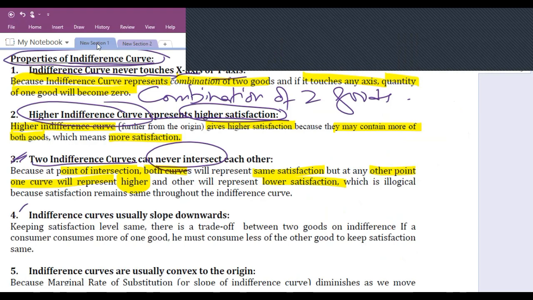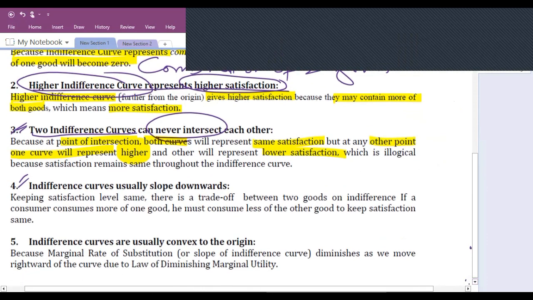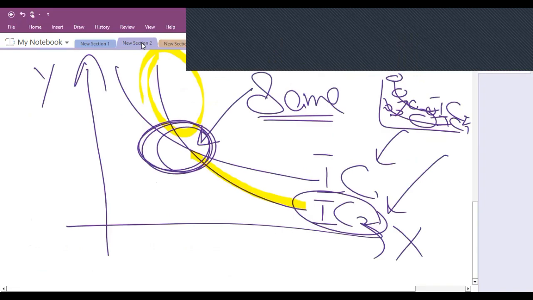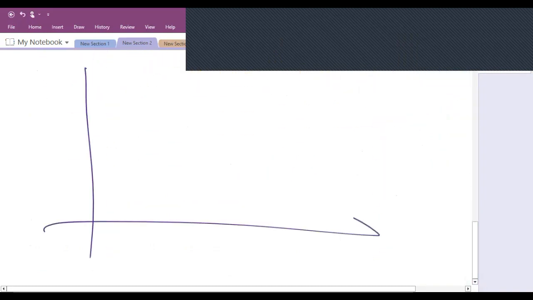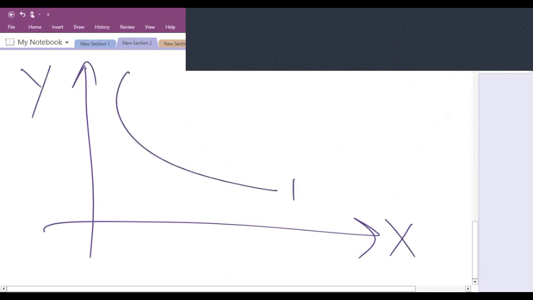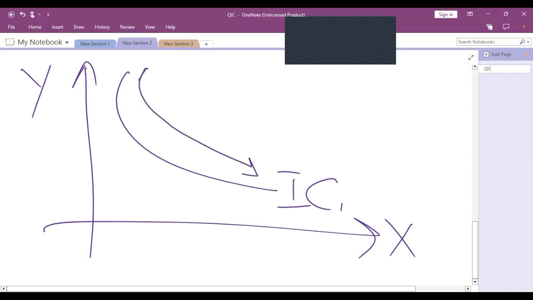Let's move to the fourth property, that is, the indifference curve usually slopes downward. What is the reason? The indifference curve always shows a downward track.